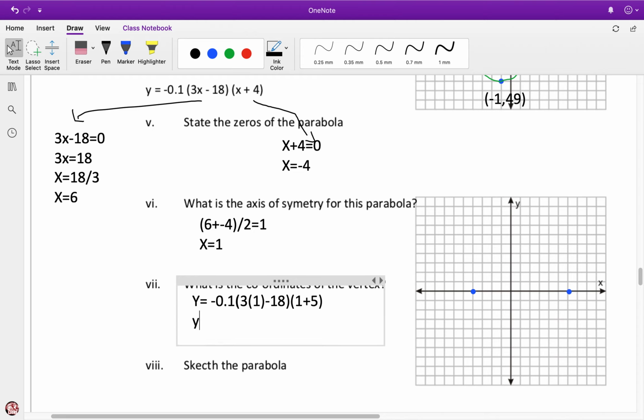There we go. So let's do my math. -0.1 bracket 3 times 1 is 3, minus this is 15. Bracket. That's going to be 6. And what does that equal? It's 7.5 in all honesty. Oh my god, different number. Well, that's not right.